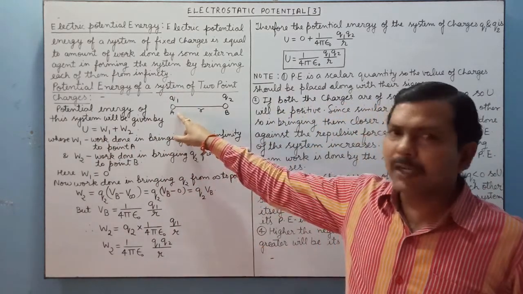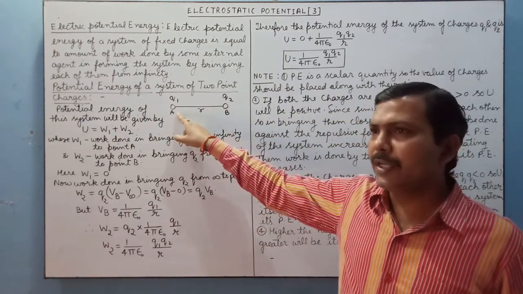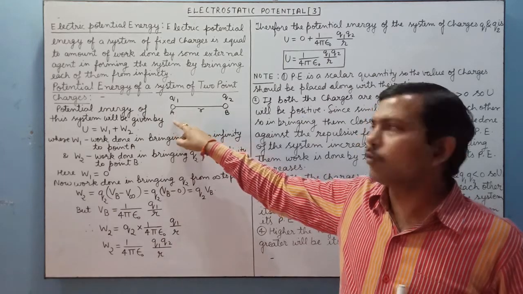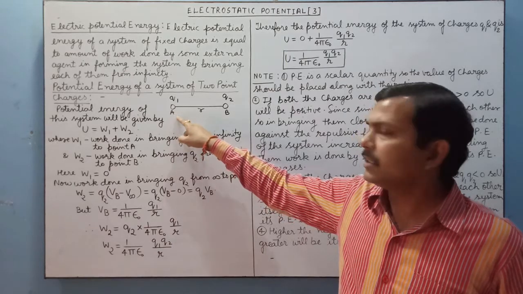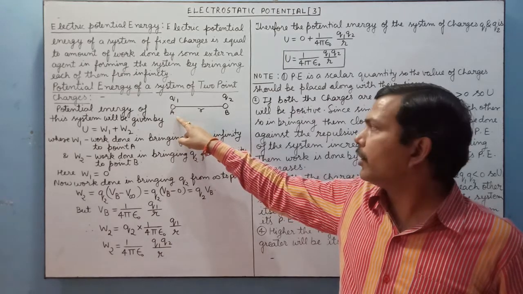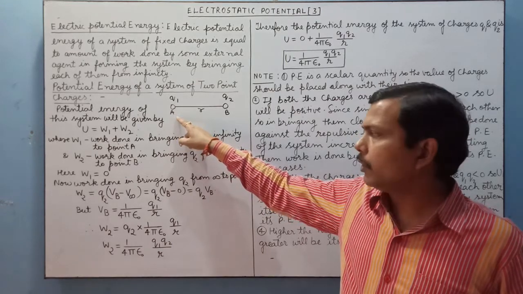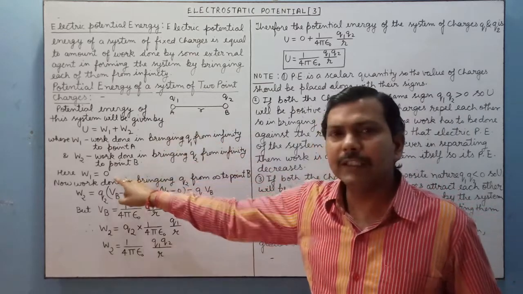Now Q1 is placed at infinity, and when Q1 is brought to position A, there is no electric field, and hence the work done in bringing Q1 from infinity to point A will be 0. So W1 will be 0.